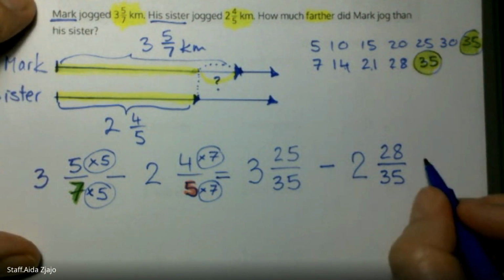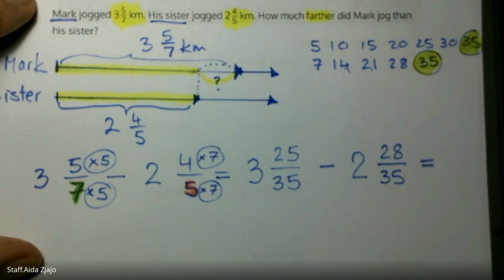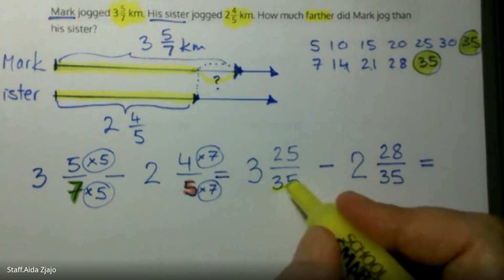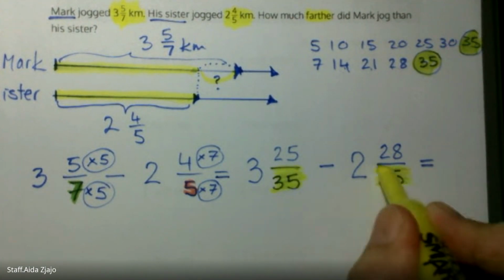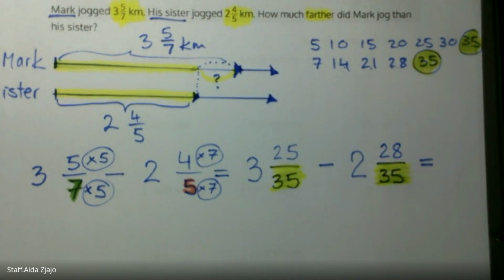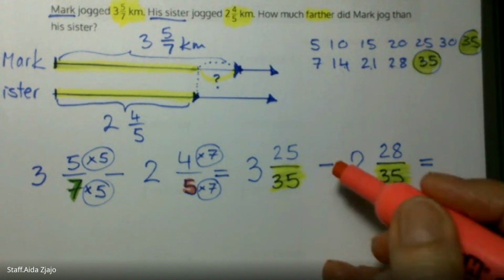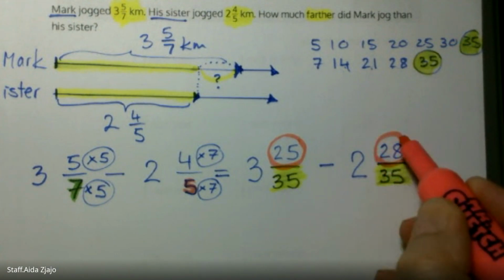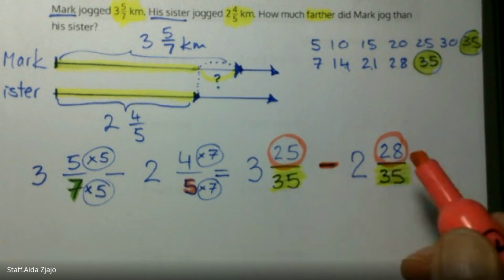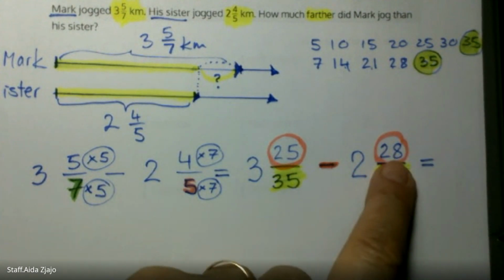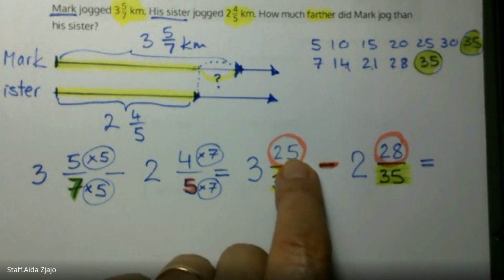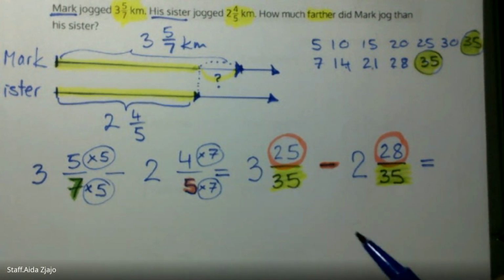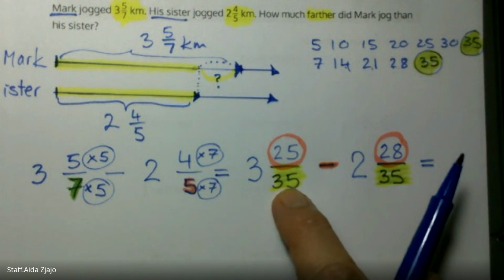So after this, we compare pieces. Here we have 35ths and 35ths. So the size of the pieces is the same, but how many do I have? Here I have 25 pieces, and here I have 28 pieces. So when I do subtraction, I cannot give you 28 pieces when I have only 25. But I can regroup the whole to make more 35th pieces.